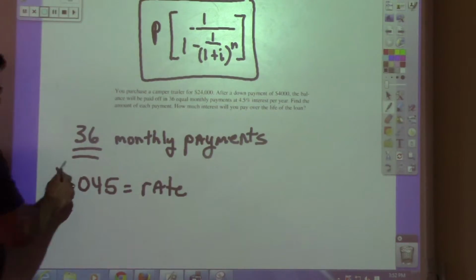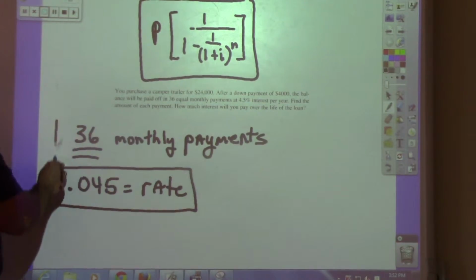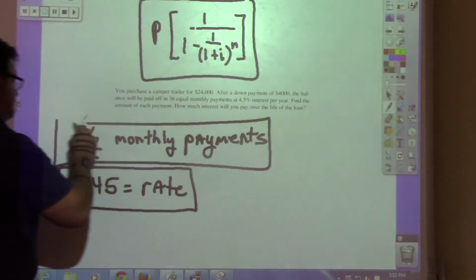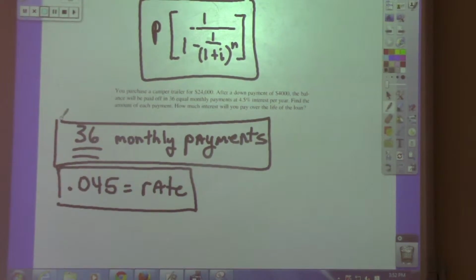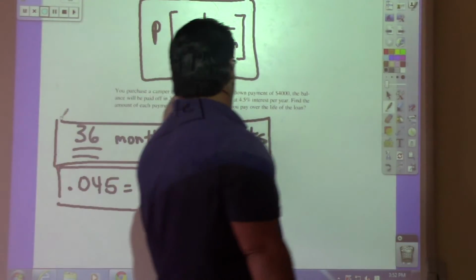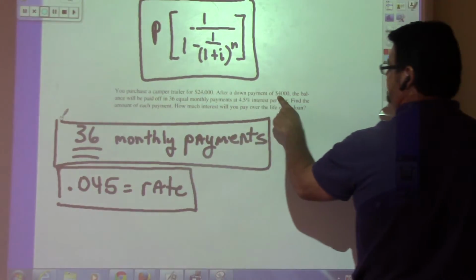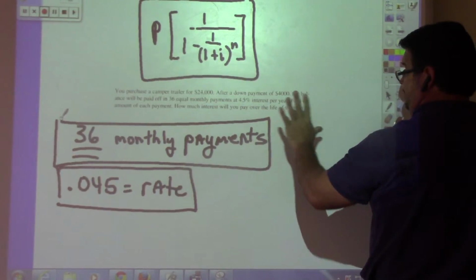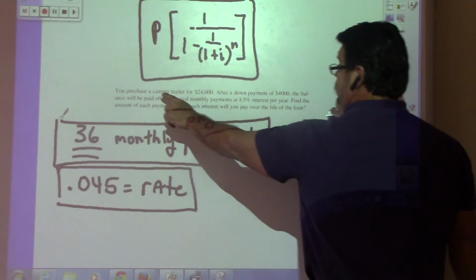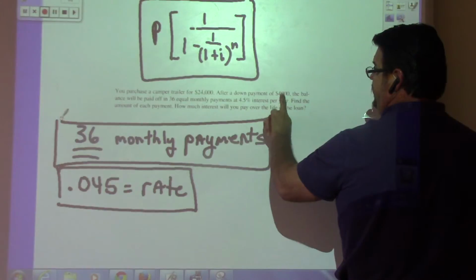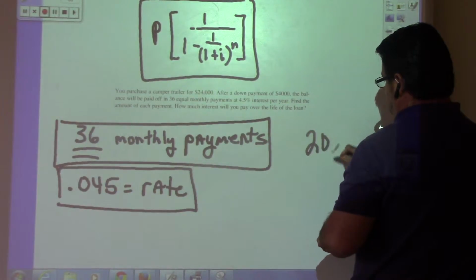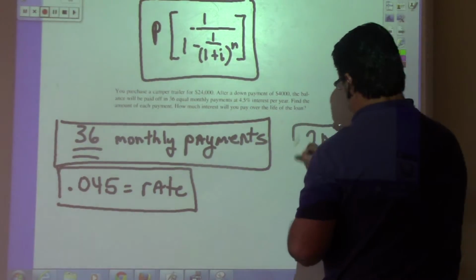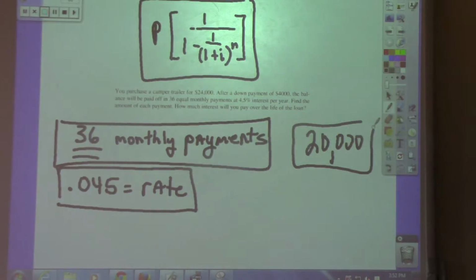So we've got this, and we've got this, and you purchase a camper trailer, but after a down payment of $4,000, how much are we actually financing? You purchase a camper for $24,000, you pay $4,000, so $20,000.